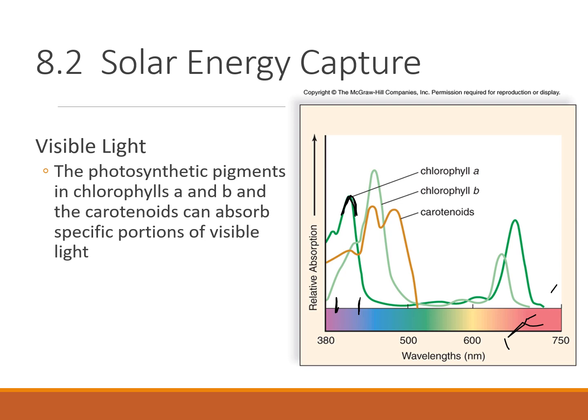Chlorophyll B and the carotenoids absorb more of this blue-green area. They will also absorb down here on this other portion of the spectrum, but they reflect the green colors back out, and that's what we're observing when we see those green leaves.